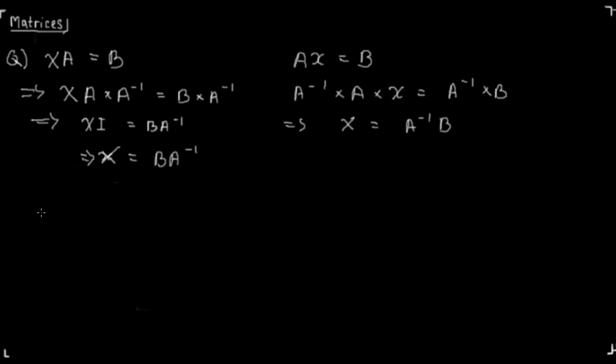Now for a property, I'm going to write this a bit larger because we have space. AB inverse is equal to B minus 1 A minus 1. So when we're finding the inverse of two matrices that are multiplied together, the second term would go here, and the first term would go here, right?